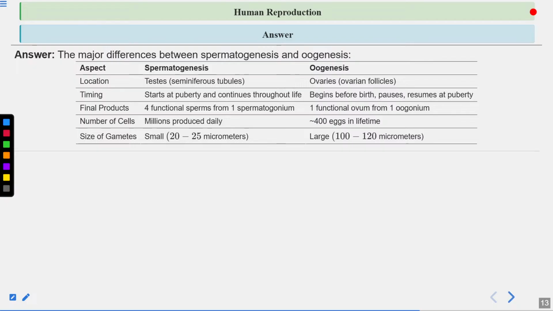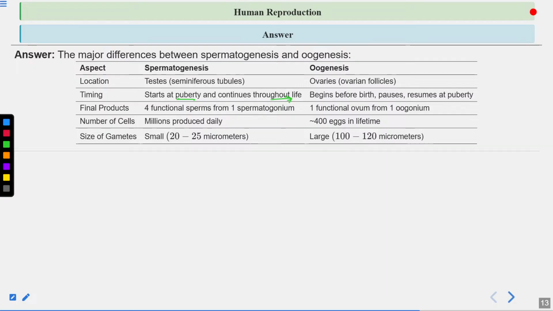These spermatogonia undergo meiosis to form the spermatozoa. Then oogenesis occurs within the ovaries, and follicles are formed within the ovaries. Then spermatogenesis starts at puberty and it continues throughout life. So sperms are even produced in an old man.